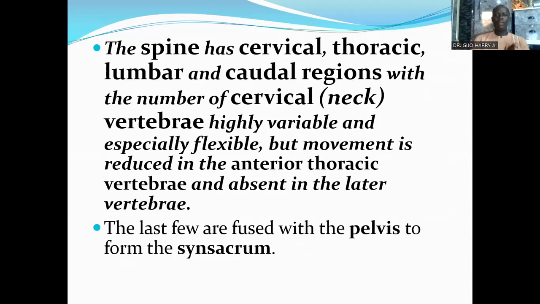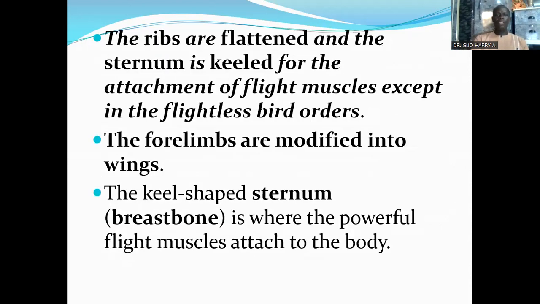So the point we want to take here is that the spine has the cervical region, around the neck, then the thoracic around the chest, the lumbar, and then the caudal region, the tail region. So that's one feature of the birds.